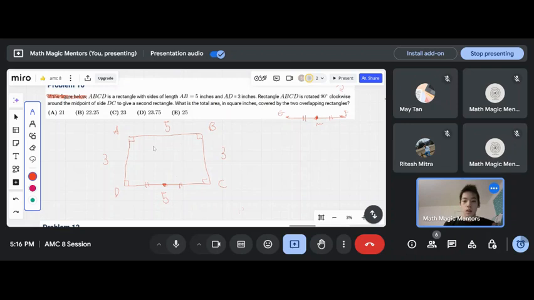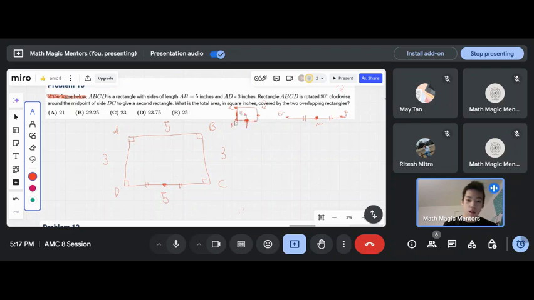When you rotate it, if you don't know what it looks like at first, you can first draw it like that. Rotating it about this midpoint 90 degrees, it's really helpful to envision where the points are. A should be around here, B should be around here.